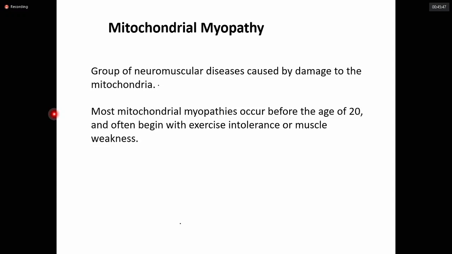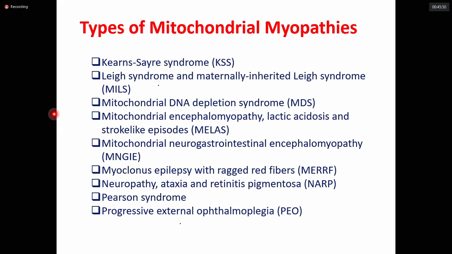Okay, so as examples that you have to take with you as a take-home assignment, if you would, or to have an idea about these things, we have this list of mitochondrial myopathies that are related to mutation or deficiency in mitochondrial function.